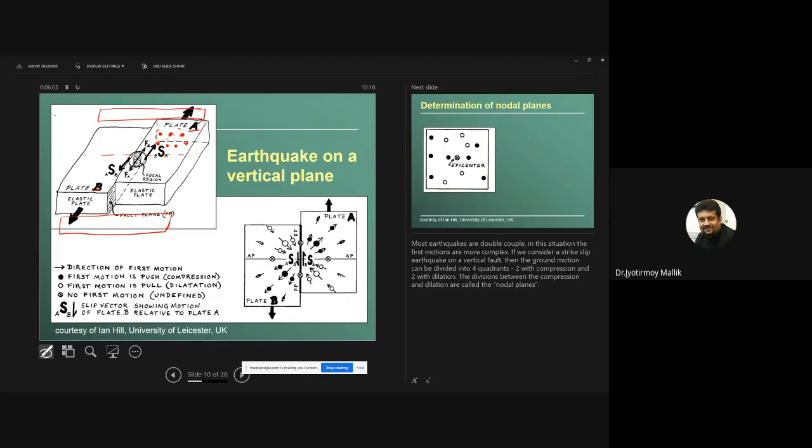Similarly, this part of the rock will be pushed by these rocks, and here also I will feel compression. On the other hand, this segment of the rock, the blue segment, let me put some other color.